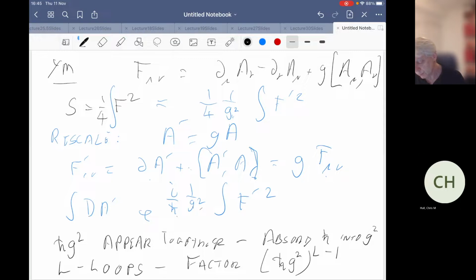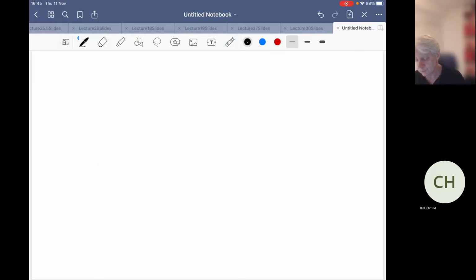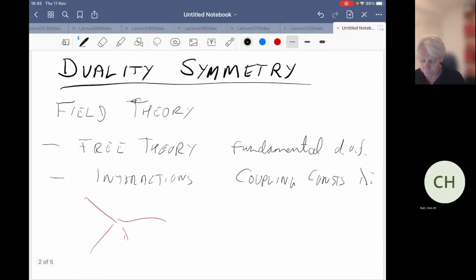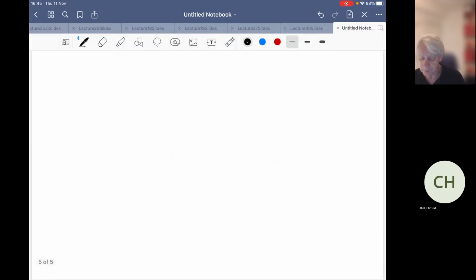And the reason I'm going through this rather elementary point is that there's going to be a rather similar point which comes in string theory, in that there's two different ways of thinking about the interactions. But a key ingredient here, of course, was starting off with a free theory, and it required us to know what the fundamental degrees of freedom are, and then we'd think of the theory as setting up some interactions for those fields.